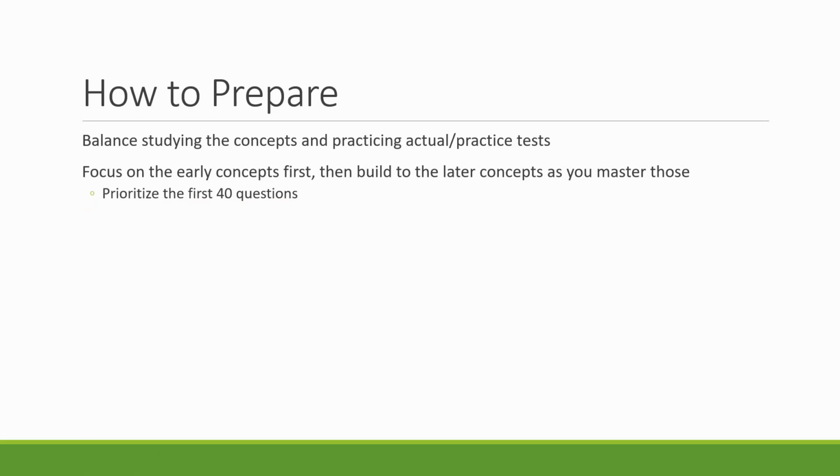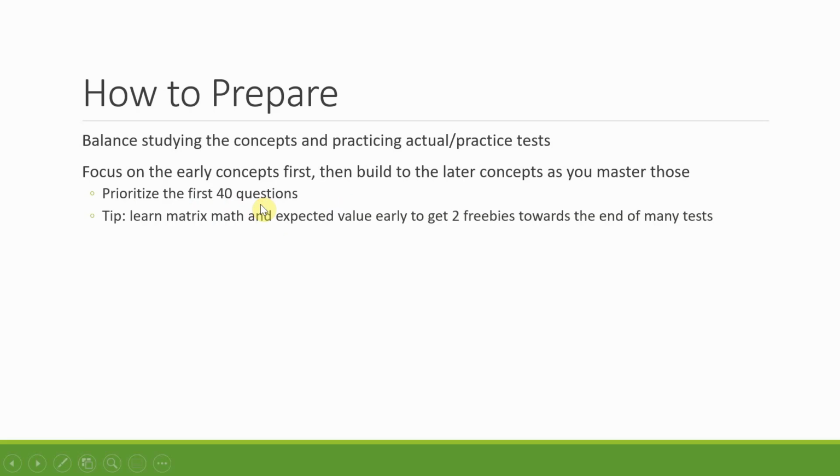If you just get half of that last 20 right with a good first 40, you can get all the way up to a 30 or lower 30s, which is very good. So you don't ever really have to master those super hard questions in the last 20 unless you're really going for those near perfect scores. So prioritize the first 40 and you'll be fine.